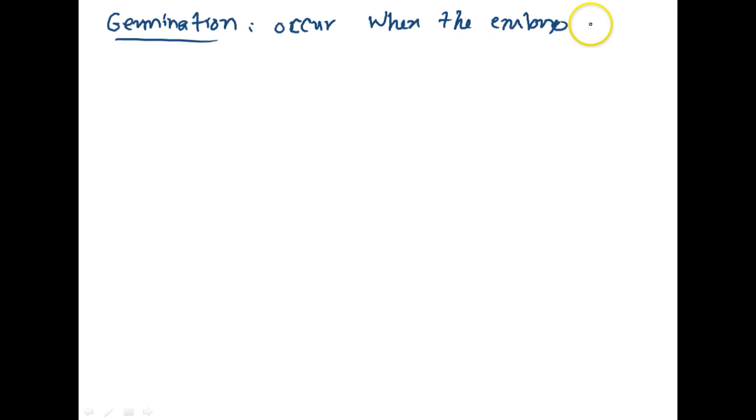So germination, which is going to occur when the embryo begins to grow and pushes out the seed.